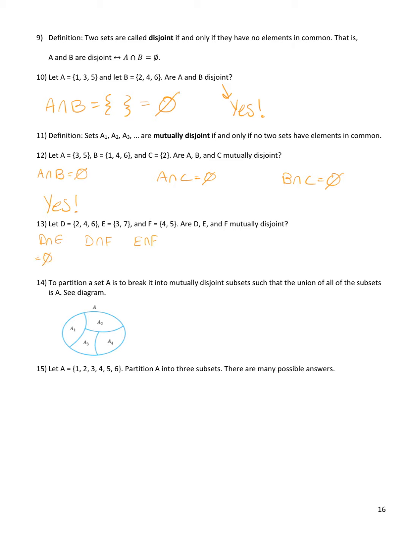D intersect F, 2, 4, 6, and 4, 5. They have a 4 in common. D and F have a 4 in common. So this intersection is 4.